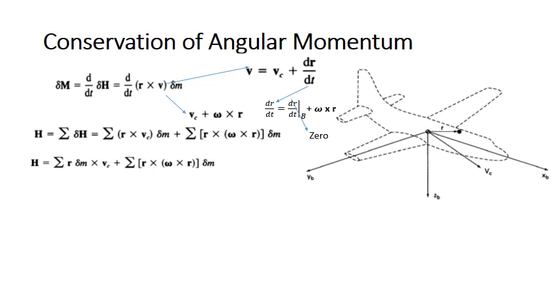By the definition of the center of gravity, the summation of r times dm, or delta m, is equal to 0, so the whole term will be cancelled.